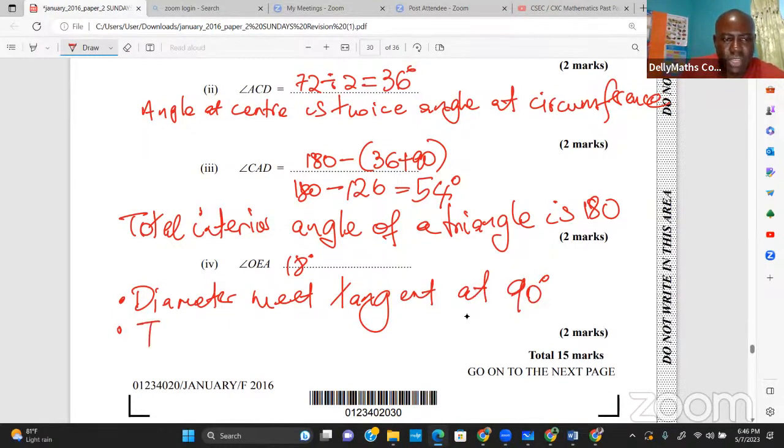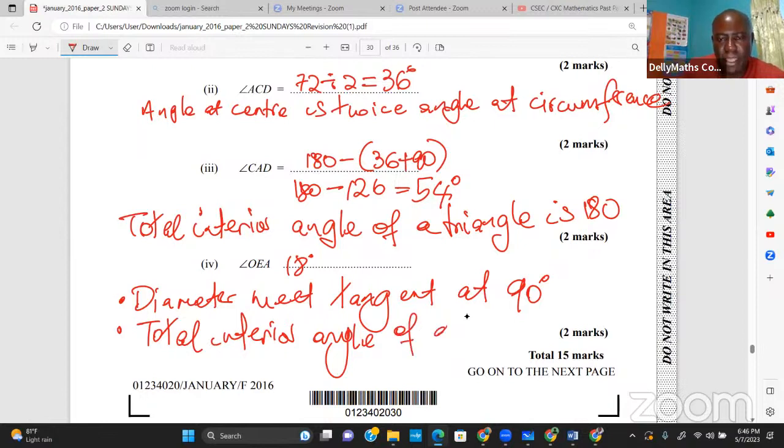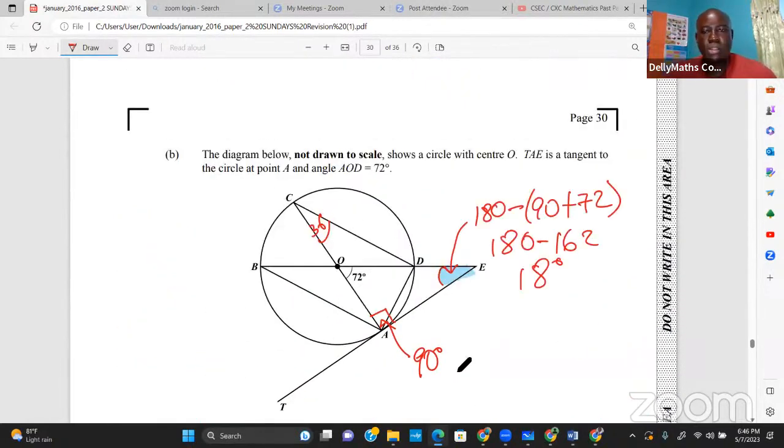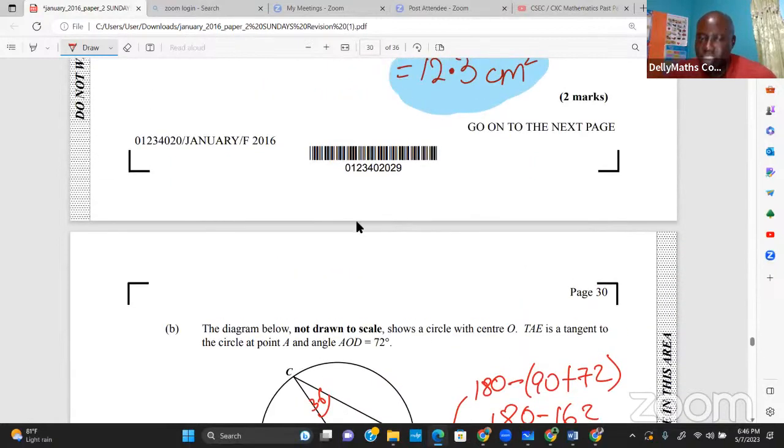And finally, we said total interior angle of a triangle is 180 degrees. You're done. We were able to navigate, put in the work, do what you have to do. And this question comes every year.